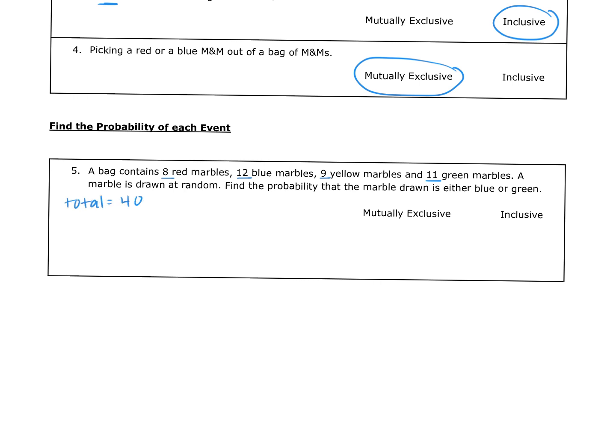I have 40 marbles. Okay? If you draw a marble at random, they want you to find the probability if the marble is either blue, and then here's my keyword or. When you see the keyword or, that tells you that you're going to have to both add and subtract.